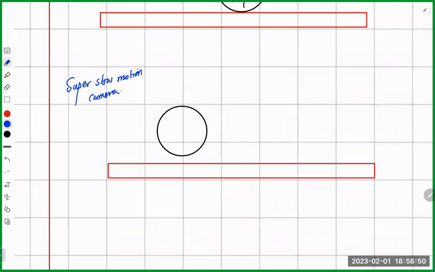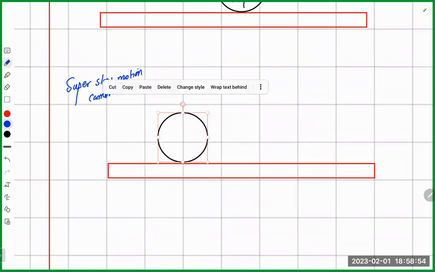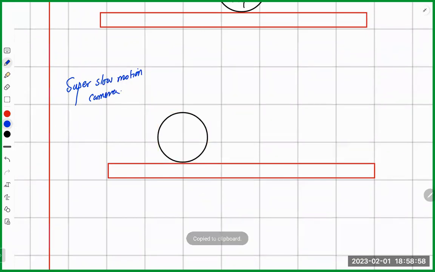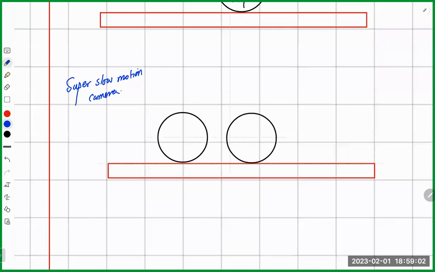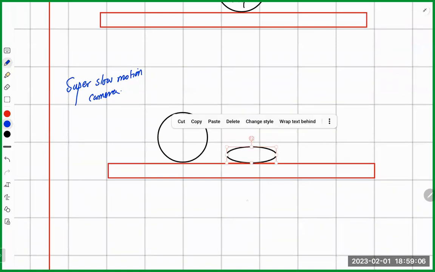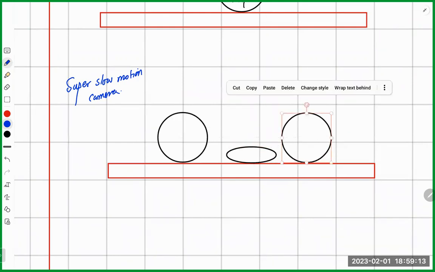So see, this is an object that comes and hits the ground. This is the object that strikes the ground. And this is the object that leaves the ground.